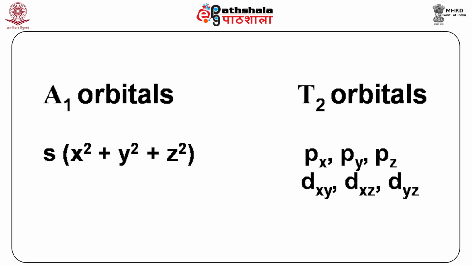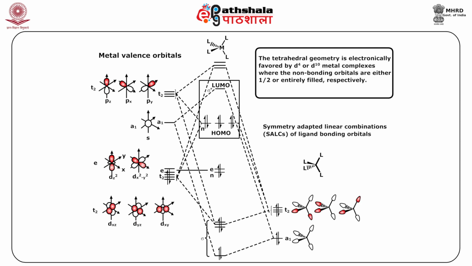In each of the cases, the combination can either be positive to give a bonding orbital, or it can be negative to give an anti-bonding orbital. The general form of the molecular orbital energy diagram for a tetrahedral metal coordination complex with sigma-only type of bonding has been shown in the molecular orbital diagram.